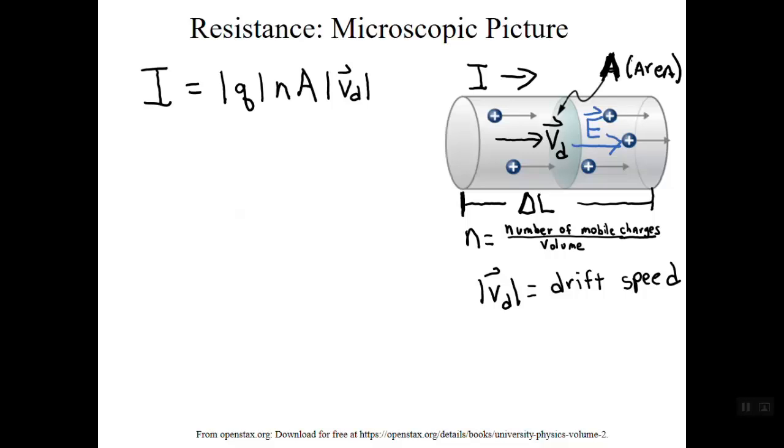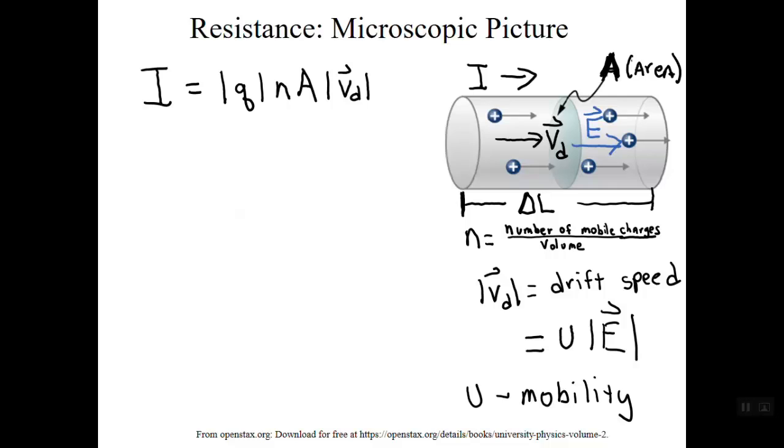We now know the reason charges keep flowing is that there is a non-zero electric field inside the element. The drift speed, the magnitude of the drift velocity, is proportional to the magnitude of the electric field, where the constant of proportionality, mu, is called the mobility and is a material property of the stuff from which the element is made.